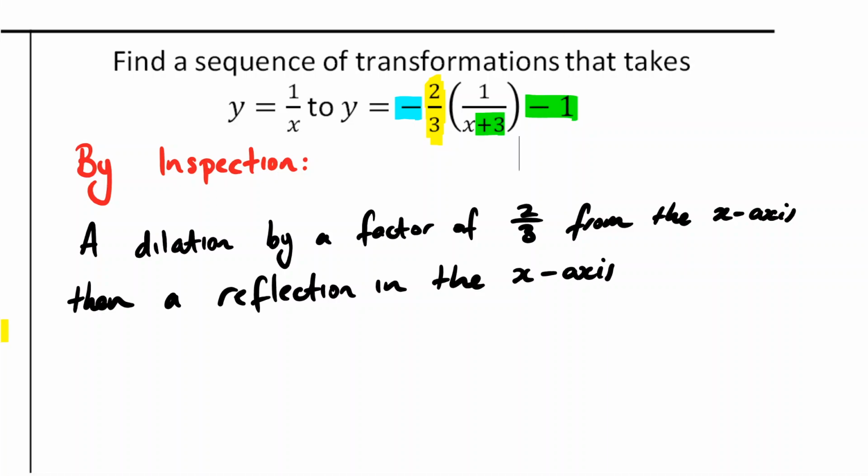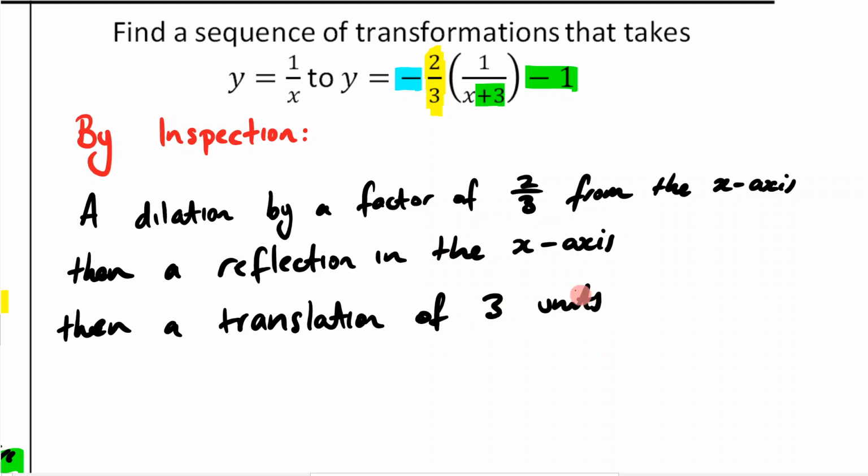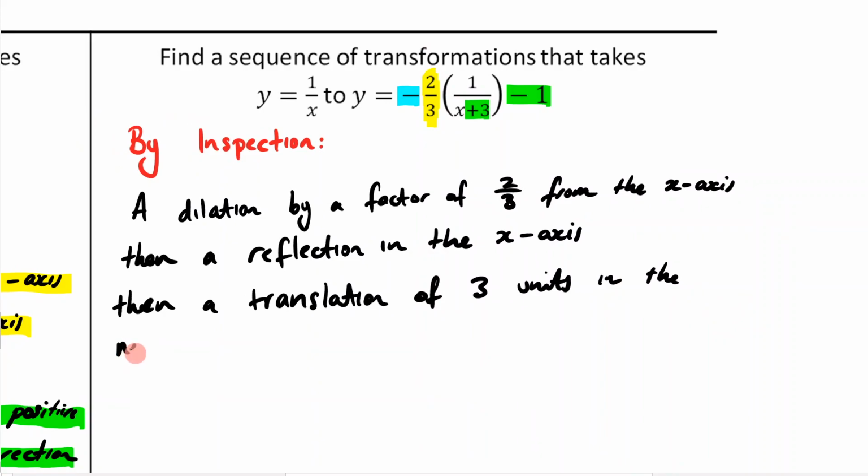So that means what I'm going to end up with is then a translation of 3 units in the negative x direction and 1 unit in the negative y direction.